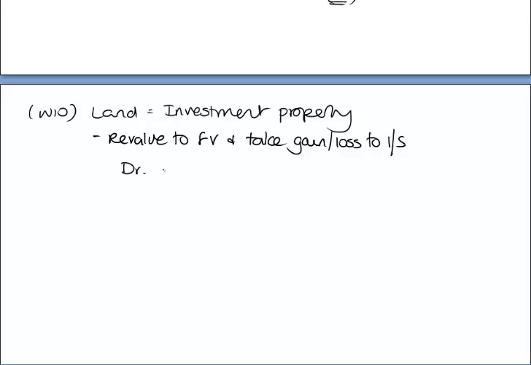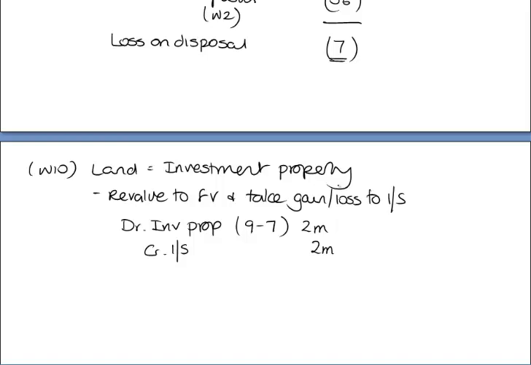So I'm going to debit investment property 2 million. And I'm going to credit the income statement. Because it's an investment property, you take gains and losses on investment properties, not to OCE, but you take them to the income statement itself.